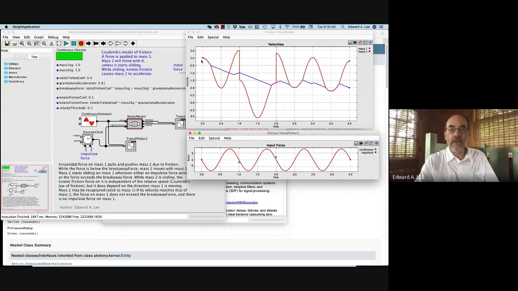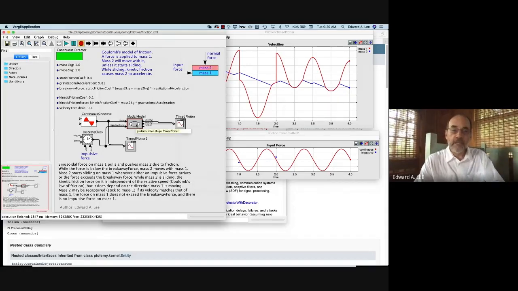The two masses start out together. One of them is moving, and then one of them starts moving fast enough that they start sliding with respect to one another. And then there are impulsive forces. There's an outside force hitting this that causes an abrupt change in velocity, and it has an effect on the second mass and so on.